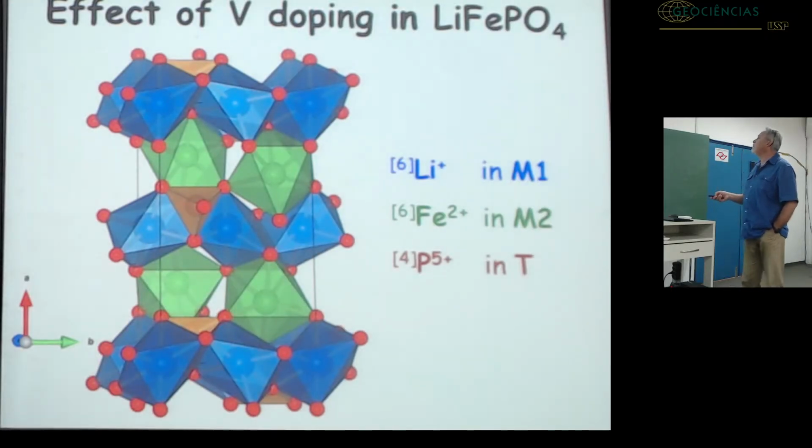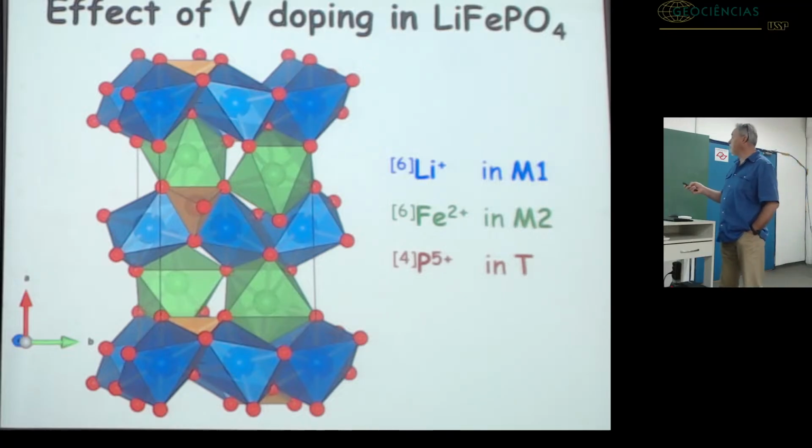Let's focus on our mineral. So this is the M1 site, which makes chains branched by M2 sites at their side. This is the phosphate tetrahedron.